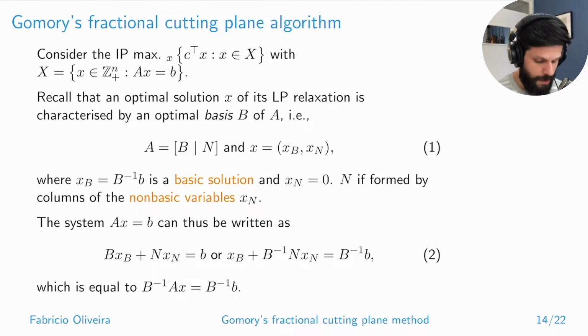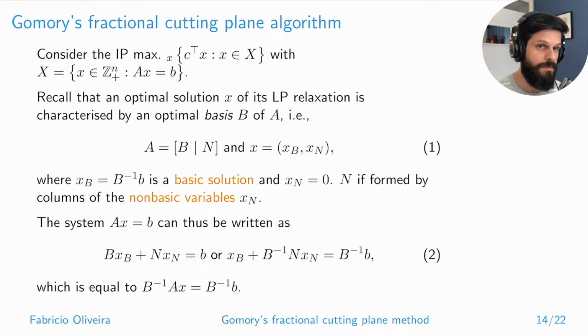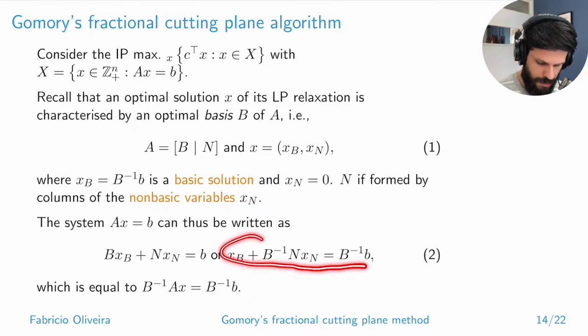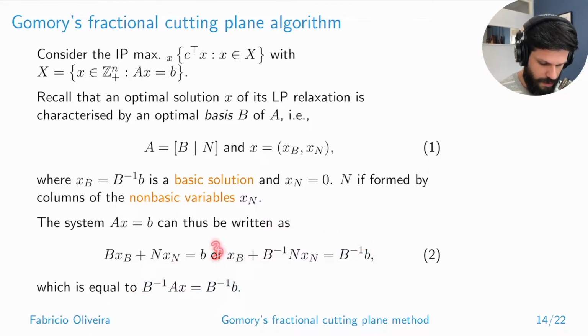And we can also look at this. It's just a reminder of what we displayed in the full tableau form. So basically, this here is the same as this, because this would be B inverse.